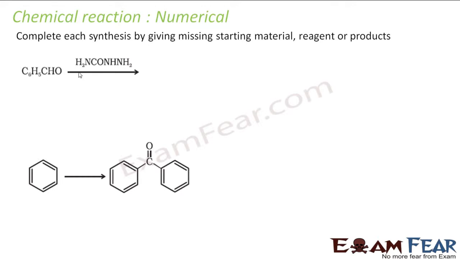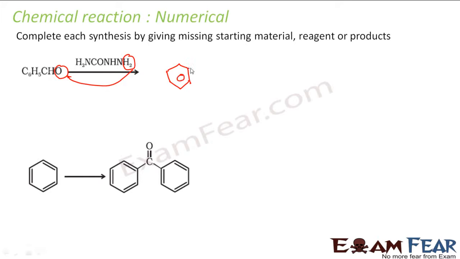Next is this C6H5CHO and NH2CONHNH2. I think we have done this reaction, where we have shown the reaction mechanism. You can watch the previous video where we explain the reaction mechanism of this.